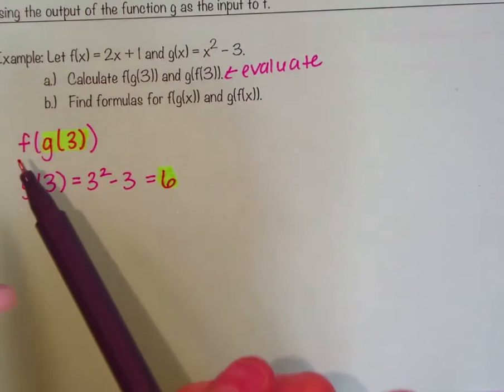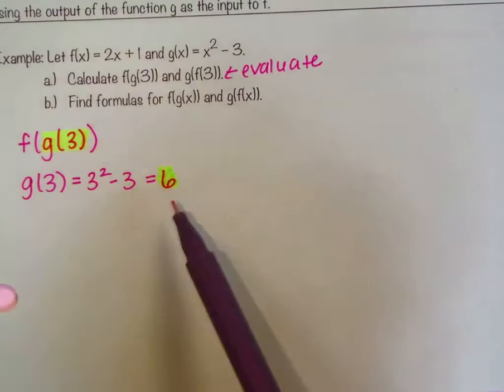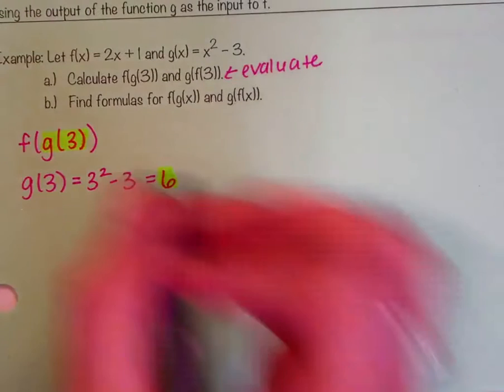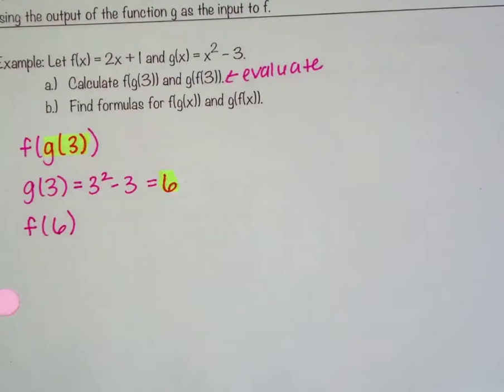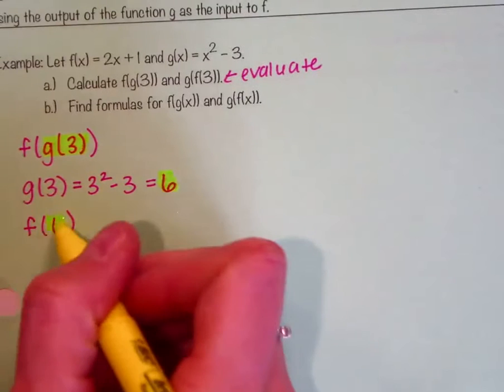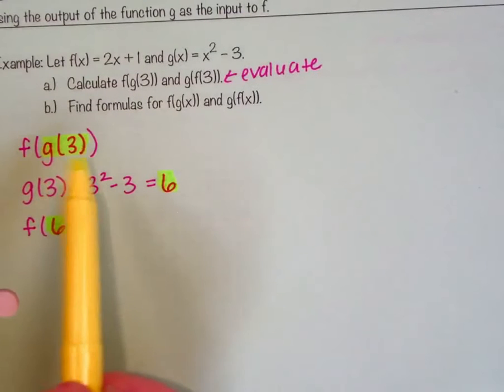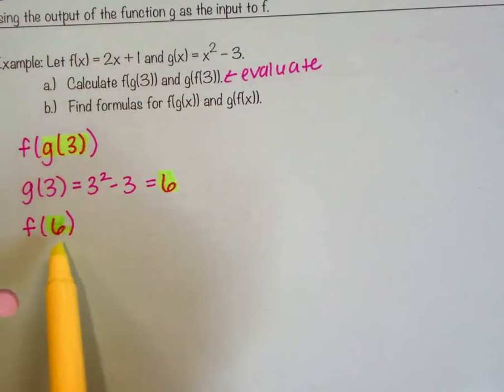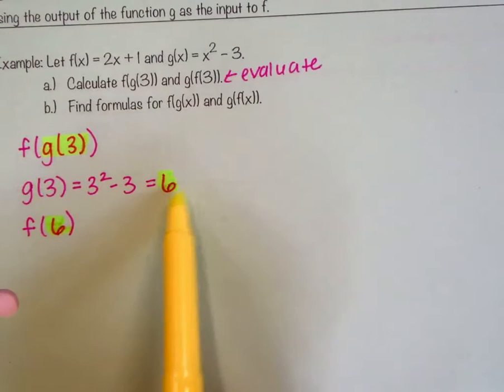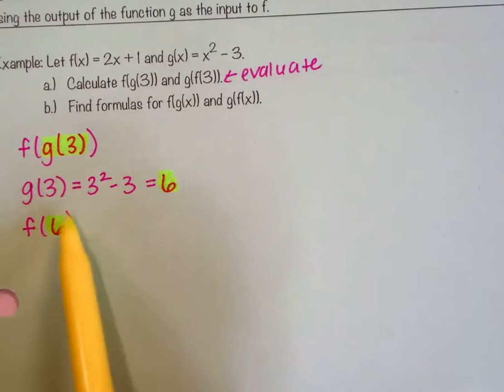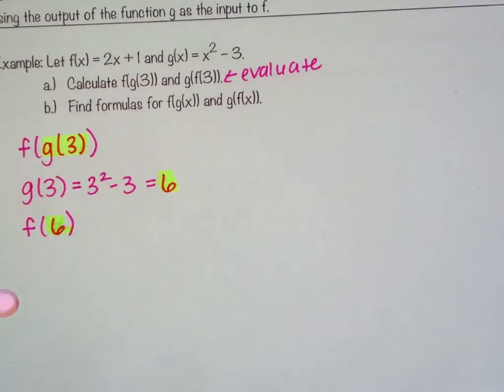So if I wanted to find f of g of 3, what I'm really wanting to do is find f of 6, since that's what g of 3 is. Okay. So the output for g is the input for f.